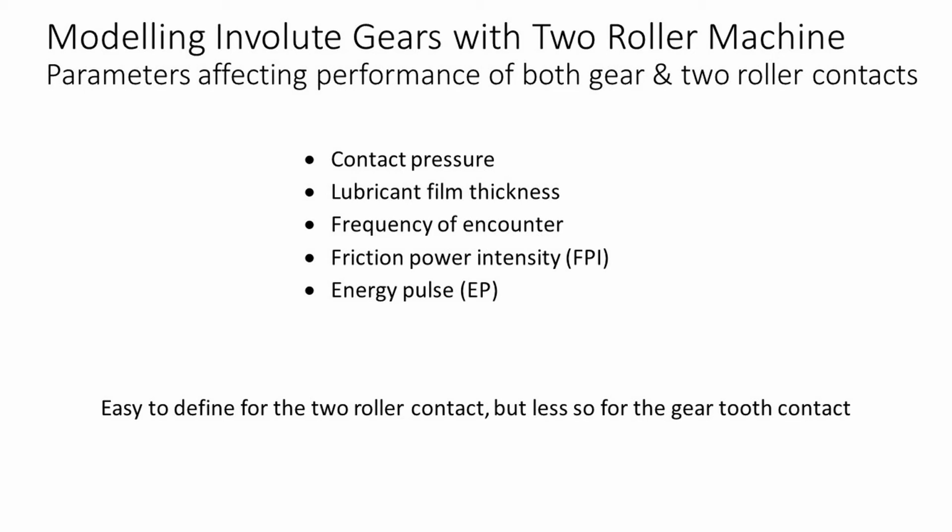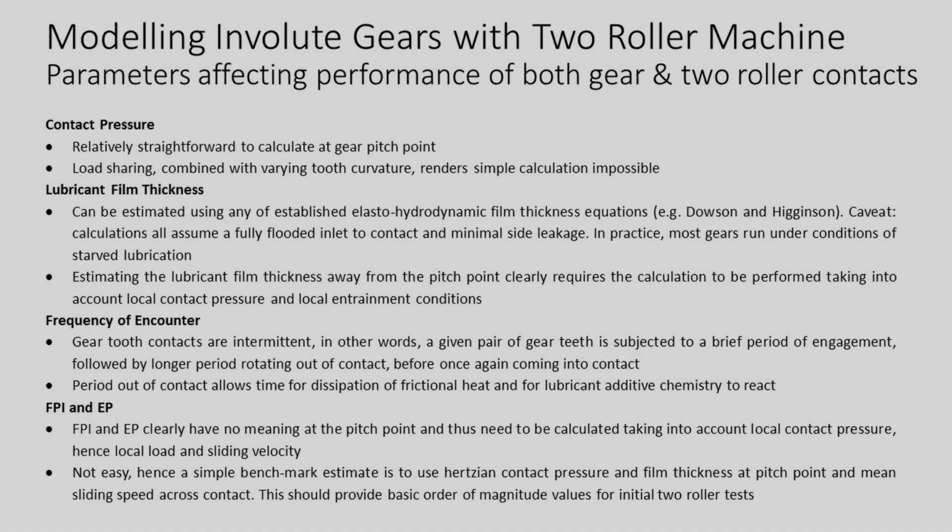However, it is clearly necessary that if we wish to model the complex operating conditions in a gear contact with a simplified steady-state model in a two-roller machine, we must start by evaluating the conditions in the former. Because of the general complexity and uncertainty, significant assumptions are inevitable.